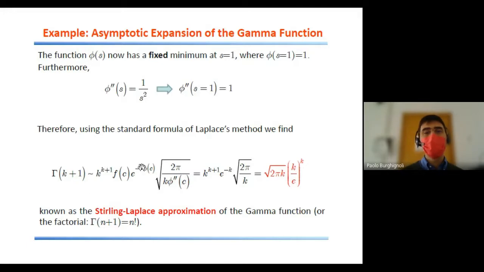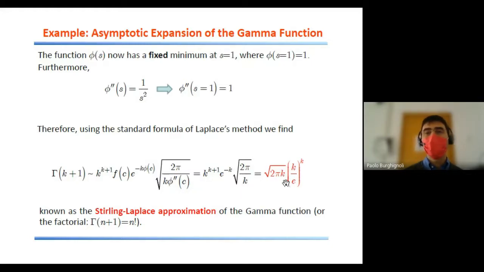So we can now use the standard formula for evaluating Laplace integrals. And what we get is the term coming from the Jacobian, then the integrand evaluated at the location of the maximum, that is when s is equal to 1, and this gives us an e to the minus k. And finally, this square root function that becomes here the square root of 2 pi divided by k.